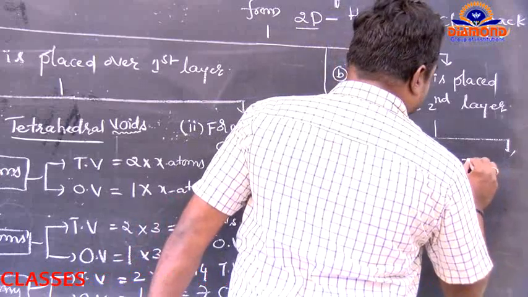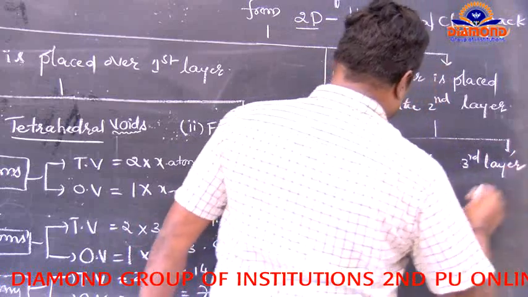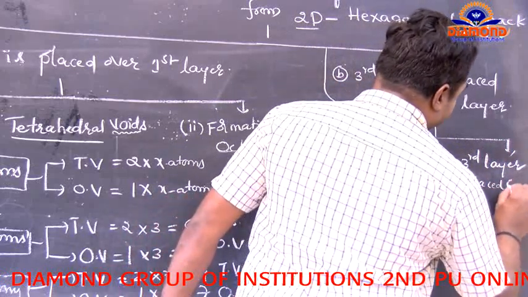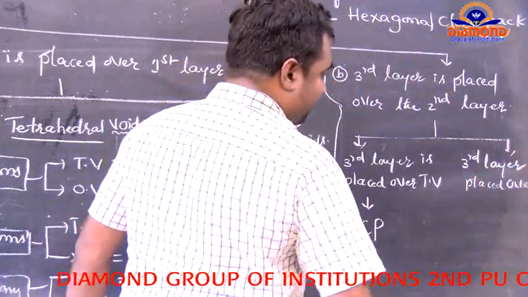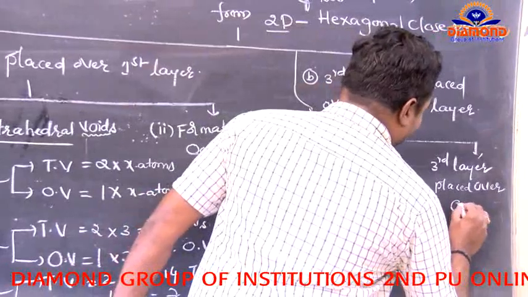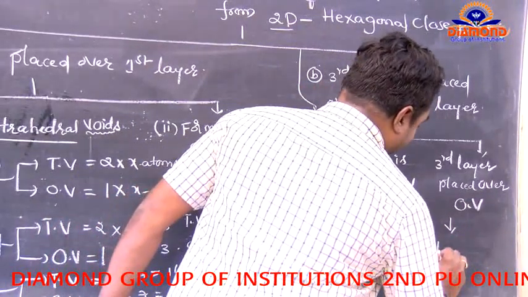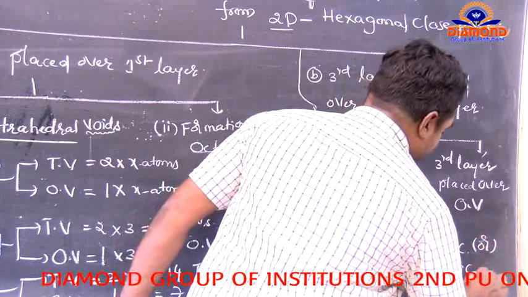The second one: if the third layer is placed over octahedral voids, then we can get the FCC, which is also called the CCP.